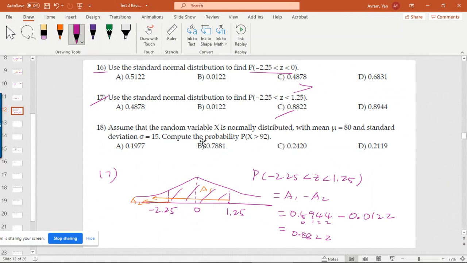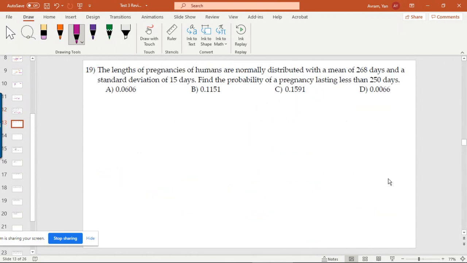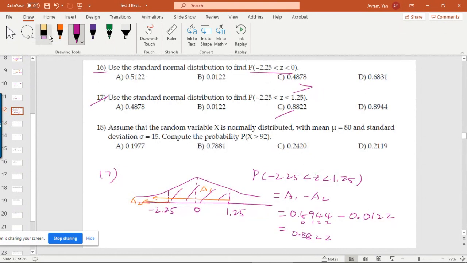Number 18, you want to find the probability of P of x greater than 92. This one didn't give you the z-score. Now you will need to convert it into a z-score on your own. How do you convert to the z-score on your own? Remember, we have a z-score formula using x minus mu over sigma. That is the one you will need to use to convert this x value into the z-score.